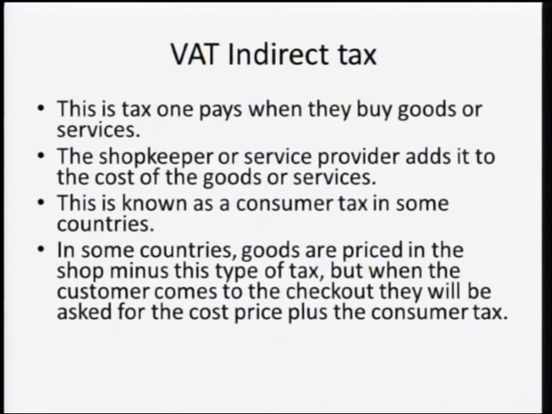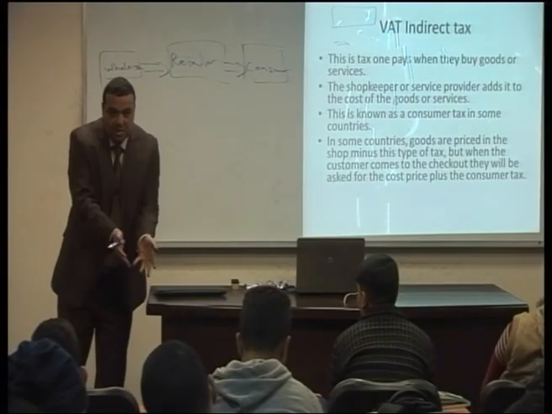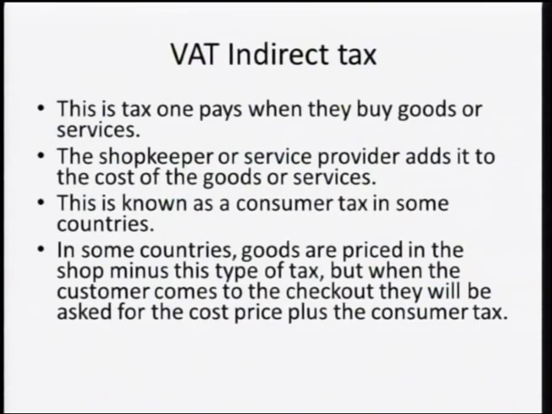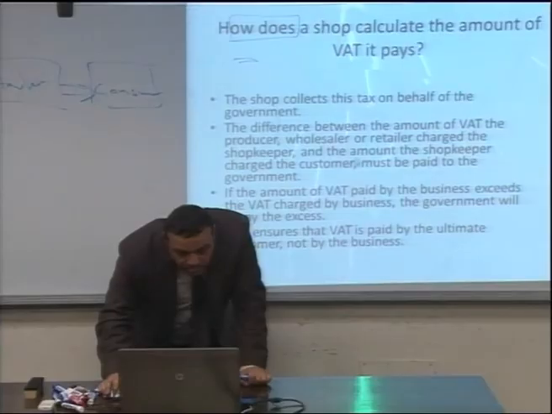In short, we have people who bought and sold, with taxes paid and taxes received, and the difference between them. This is known as the consumer tax in some countries. In some countries, the goods are priced in the shop without the taxes, but when the consumer comes to the checkout, no, you just have to understand the idea. Okay? Understand the idea, that's it.